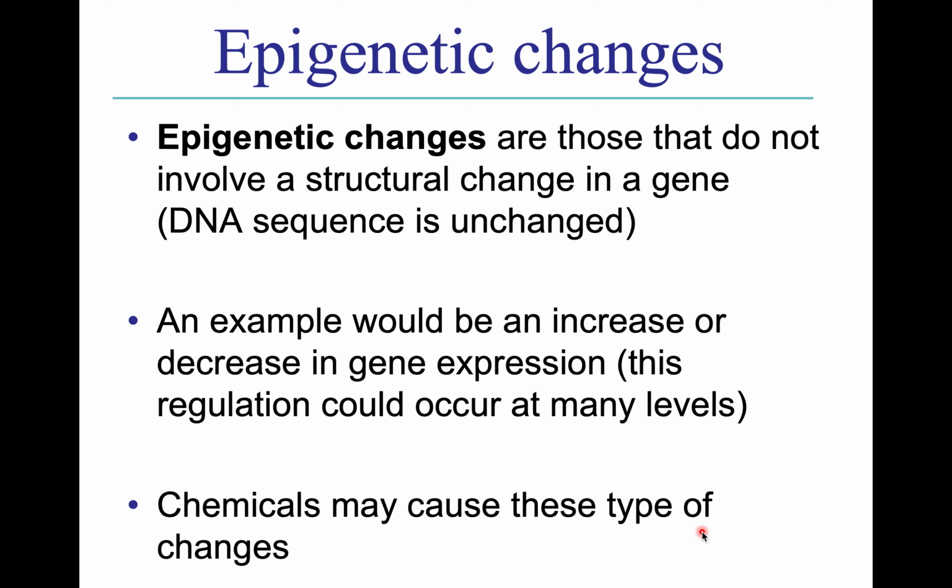Although a lot of these changes tend to be reset, as I'll discuss in a minute, in an embryonic setting. But a common example of an epigenetic change would be methylation of cytosine bases in DNA, and excess DNA methylation can actually reduce gene expression, and we see this very typically in a lot of cancers.